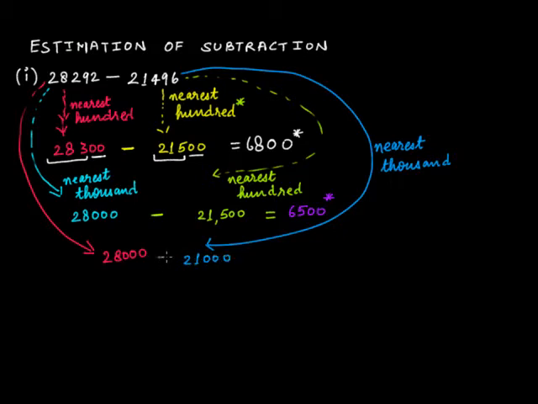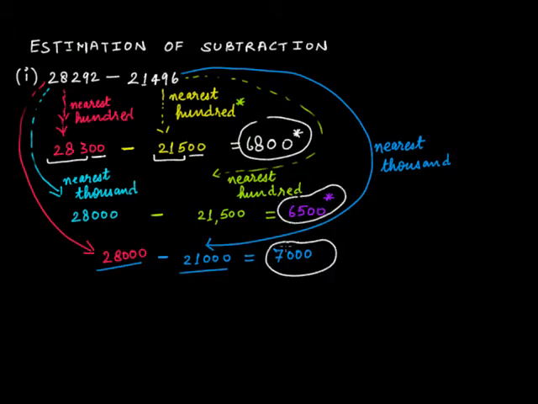If you subtract 28,000 and 21,000, what will be the estimated value? This will be 7,000.